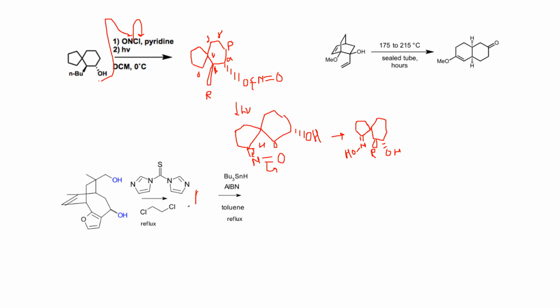Now next is this one. Here after this reaction we will get A, and then we will get B. So you have to denote A and B. Here one ester type of compound is given. So there is an oxygen.